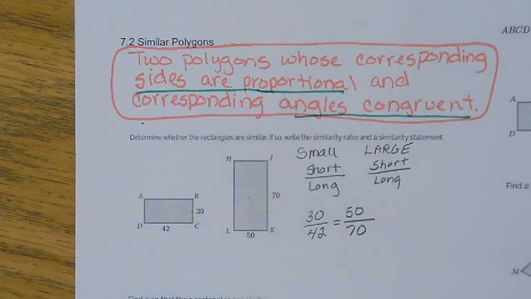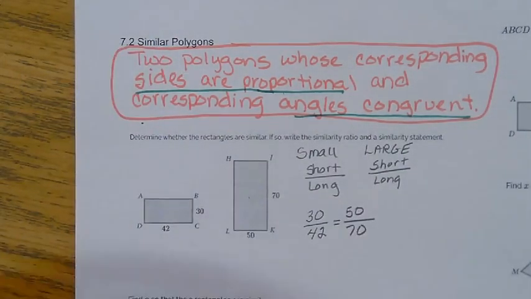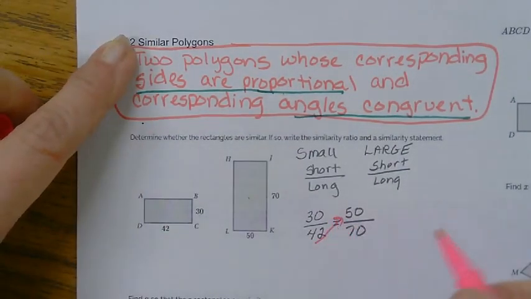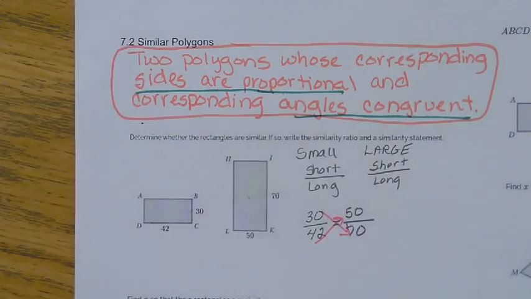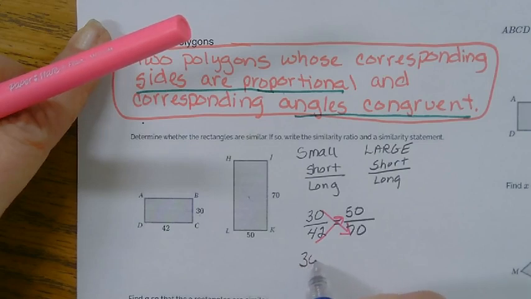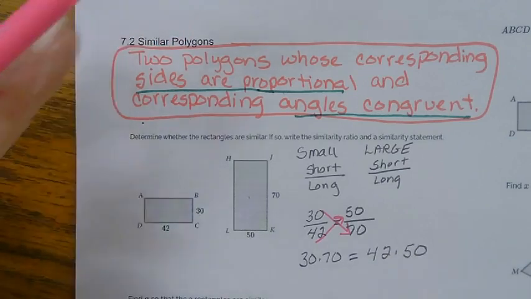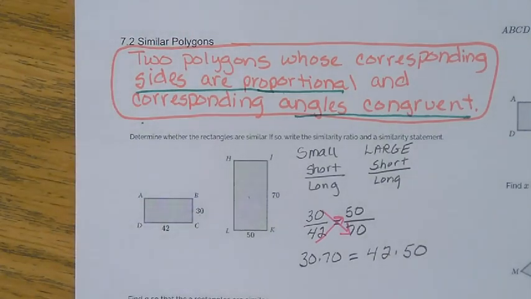Okay, so the question is, is this proportional? If it's proportional, their cross products are equal. So we want to look at the cross products. 42 times 50, 30 times 70. And if they're equal, if this is a true statement, then they are proportional.